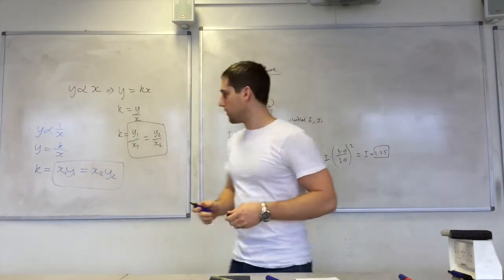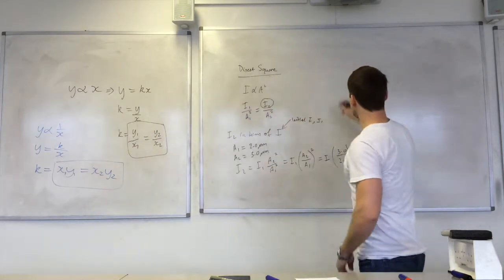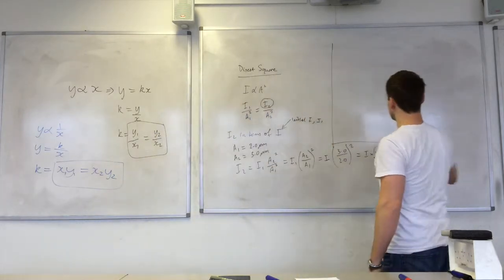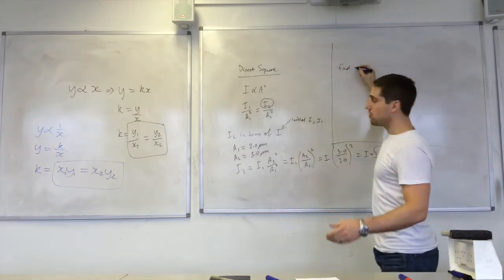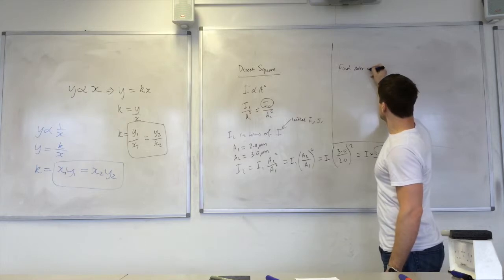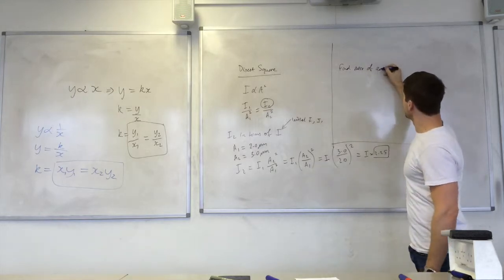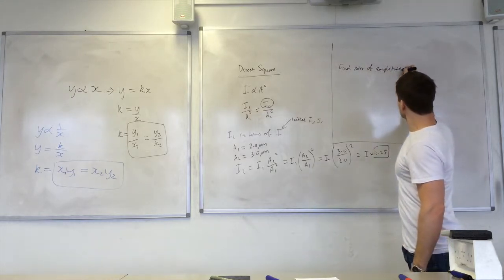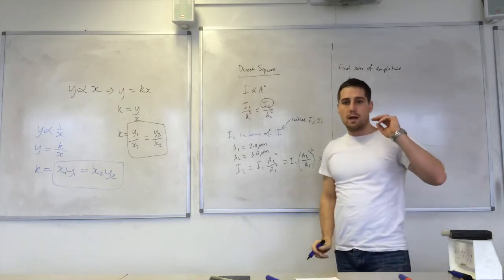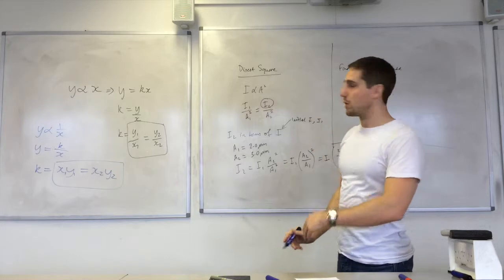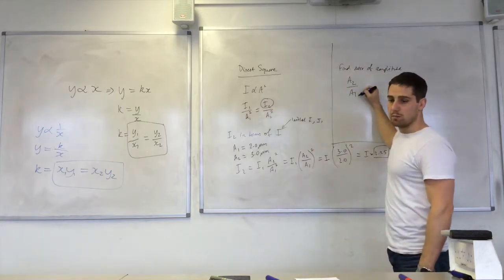The second one is, if I write this up here, we don't need so much space. We need to find a ratio of the amplitude. We need to find the final amplitude over the initial amplitude. So that's A2 over A1.